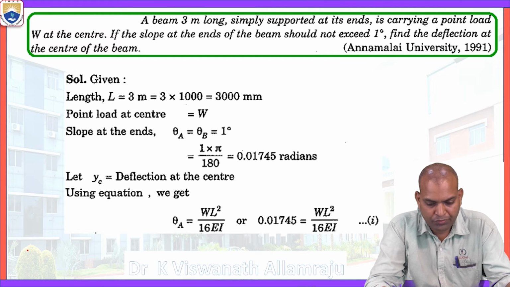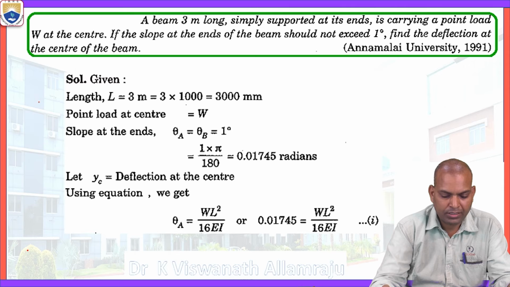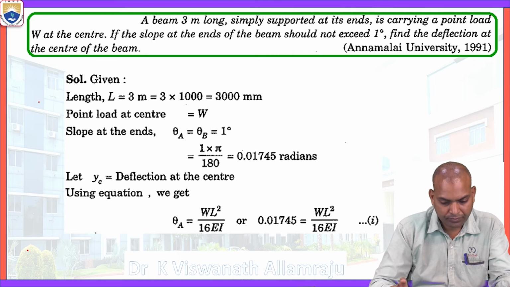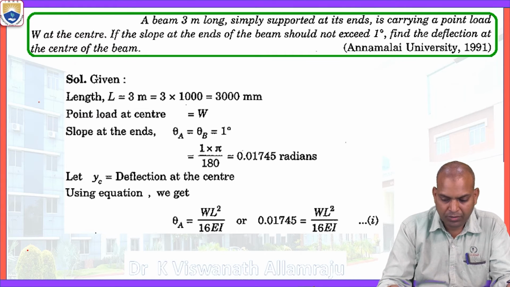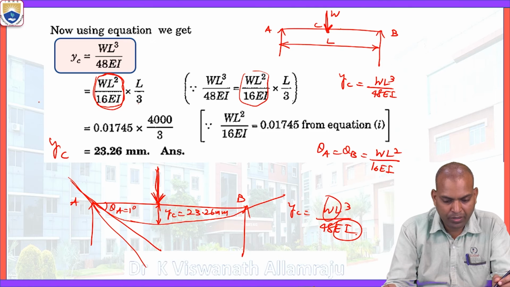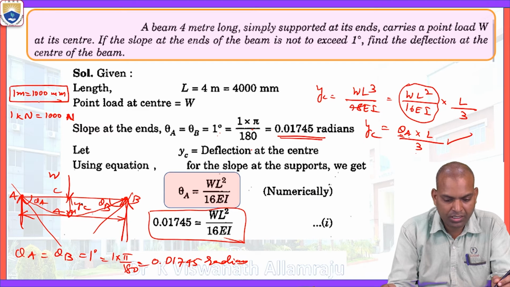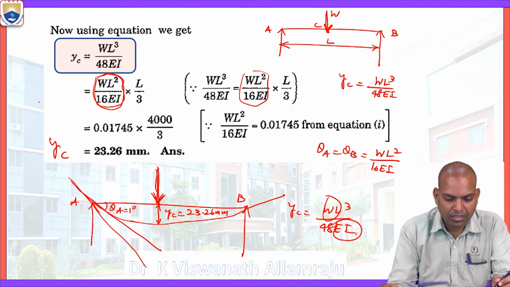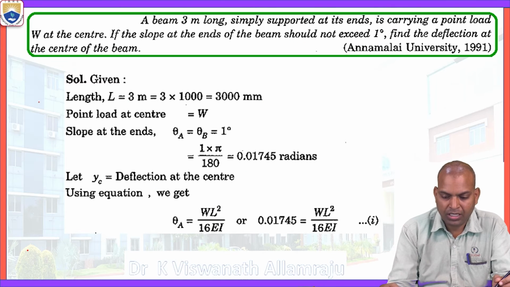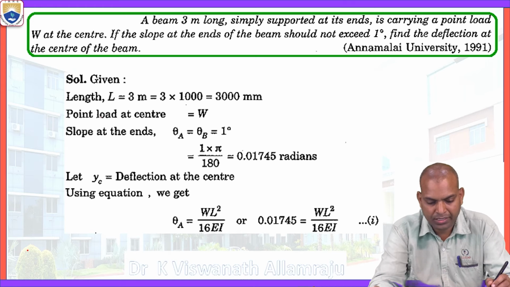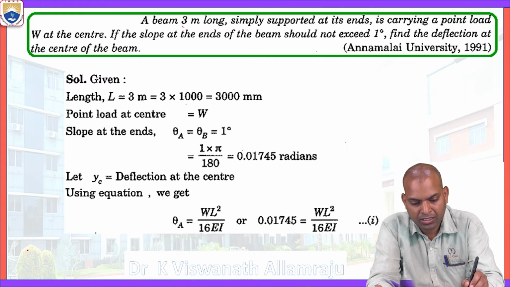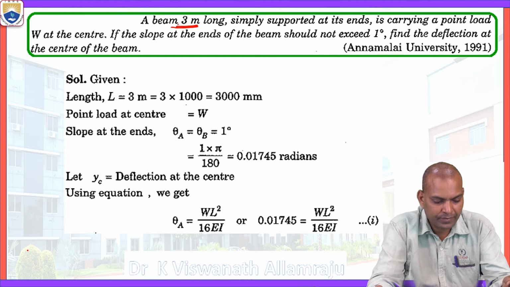It is similar to the previous problem, but it's very important to practice. The only difference is that in the previous problem the span was 4000 millimeters. The slope remains the same, 1 degree, but the span between the two supports, which was 4 meters before, is now 3 meters.